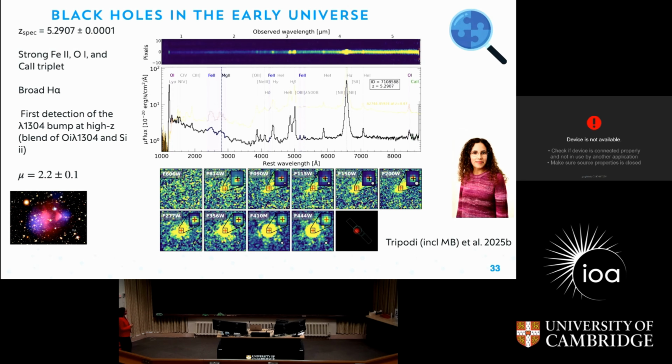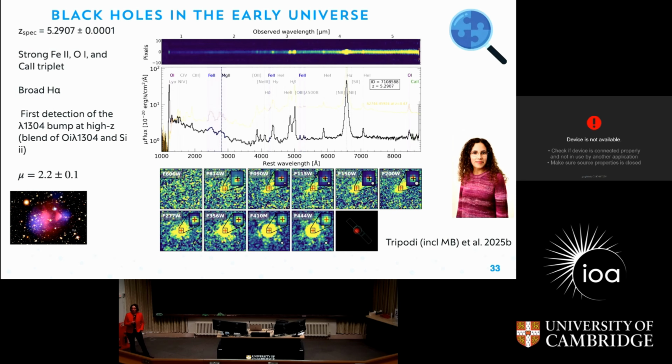But in any case, this is another enigmatic little red dot, because what we see in this particular one is the strong iron line, iron 2. We see O1, we see calcium triplet. And this particular one also had a first detection of the 1304 bump.